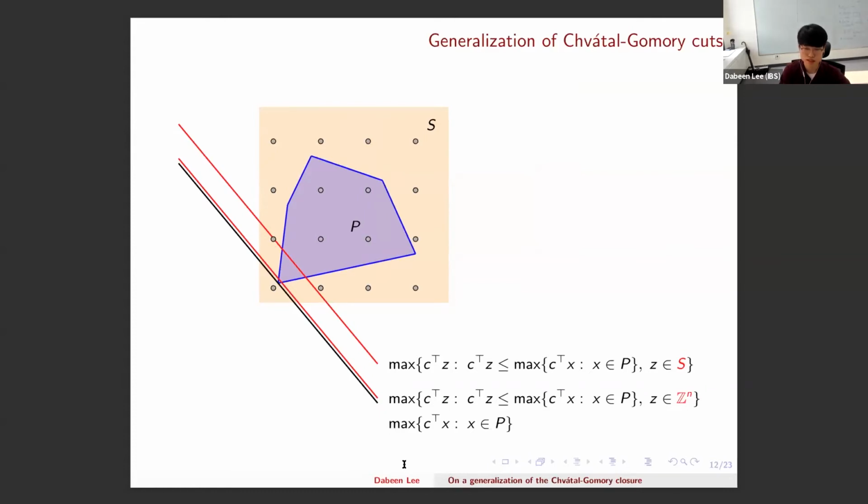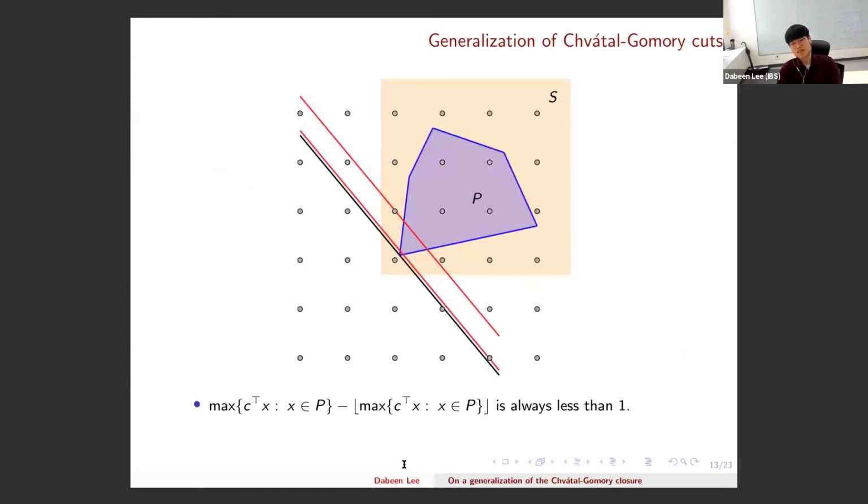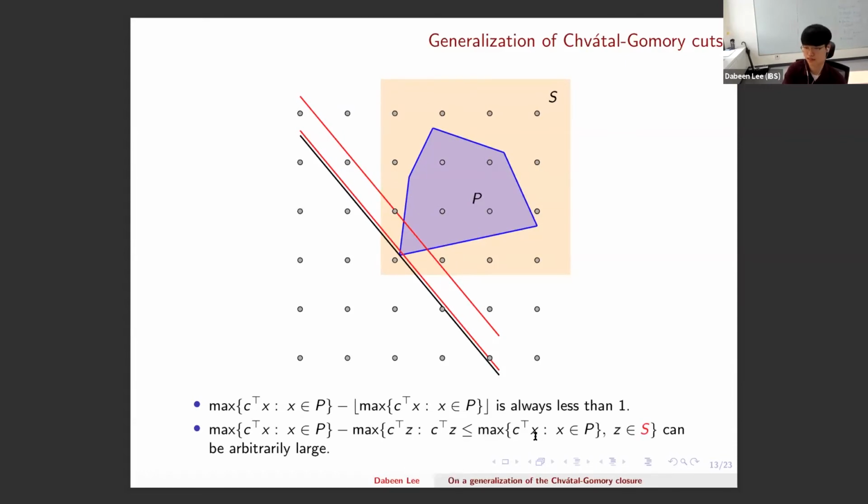The difference is that the gap between the original value and the floor is always less than 1, but that's not the case in this generalization. This gap can increase as a function of this coefficient c.